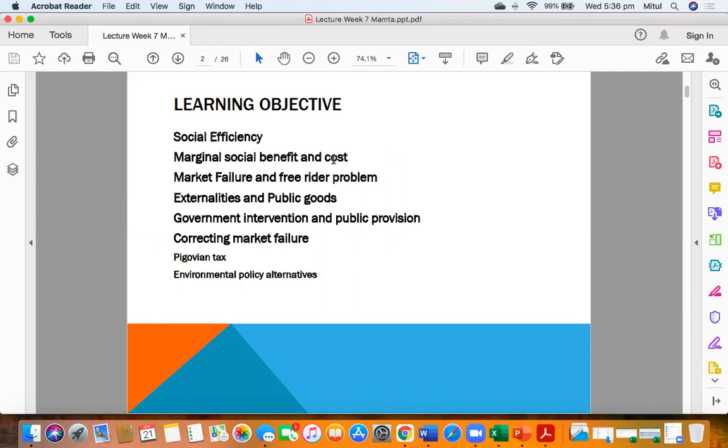We'll talk about marginal cost, marginal social benefit, marginal social cost, market failure and the free rider problem, externalities and public goods, government intervention and public provision, correcting the market failure, and Pigouvian tax, an environmental policy alternative. So these are the topics we're going to talk about today.